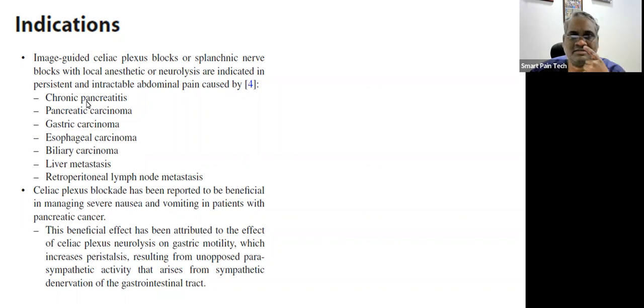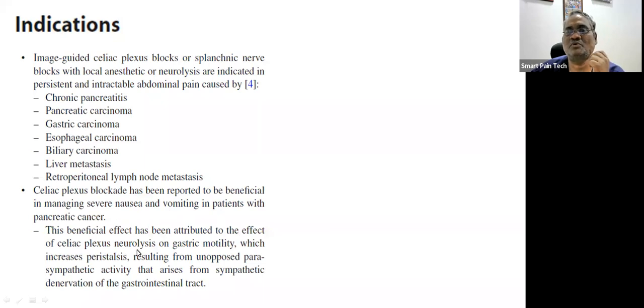Chronic pancreatitis, I usually don't encounter much, but carcinoma of the pancreas is the commonest indication in my practice. Gastric carcinoma, esophageal carcinoma, I do very few for esophageal, but gastric, pancreas, biliary, liver, I do a lot. Retroperitoneal also I do very few. Okay. And it has been reported to be beneficial in managing nausea and vomiting in patients with pancreatic cancer also.